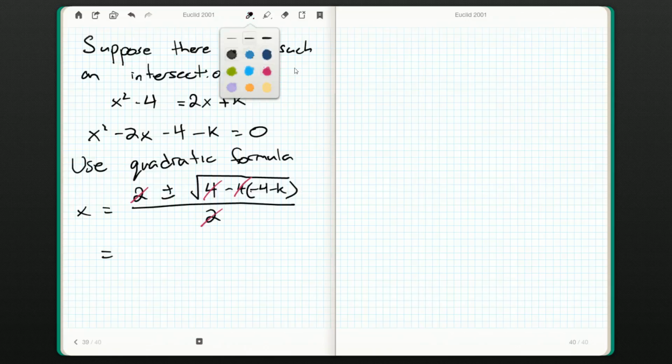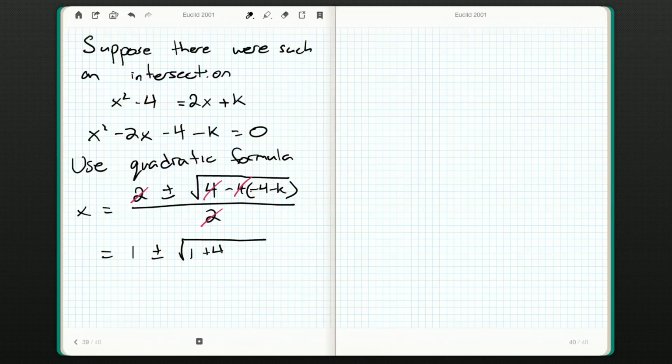And the 2's will cancel out, and we're going to be left with 1 plus or minus the square root of 1 plus 4 plus k, which is just 1 plus or minus square root of 5 plus k. Okay.